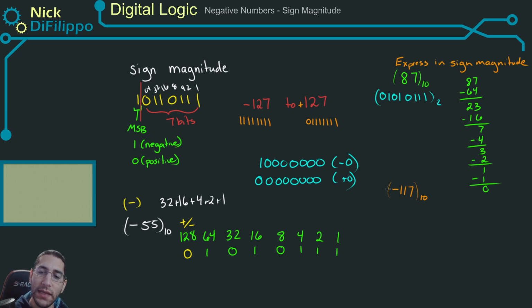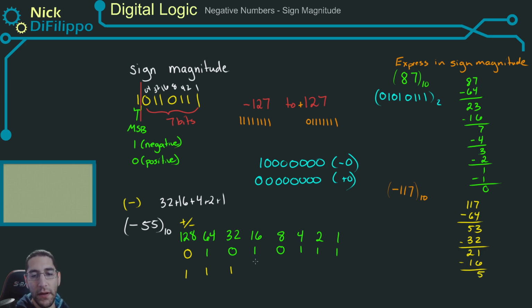Now let's look at this number right here, minus 117. We're representing a minus, so we know our most significant bit has to be 1. But then we're going to use the same steps to figure out the rest of our binary number. So we're going to have 117 minus 64. This is 53, so we subtract out 32. This is going to be 21, so we can subtract out 16.